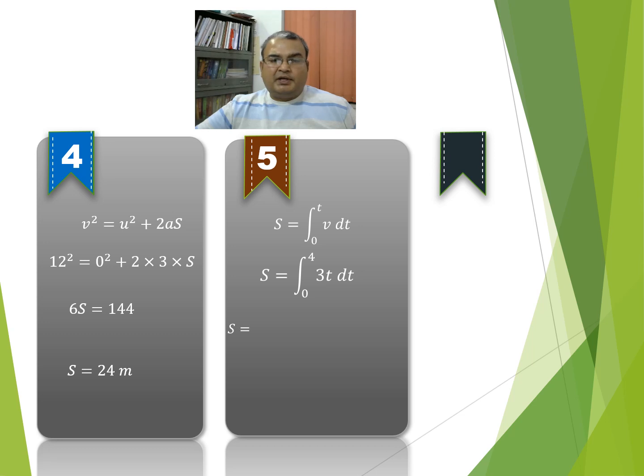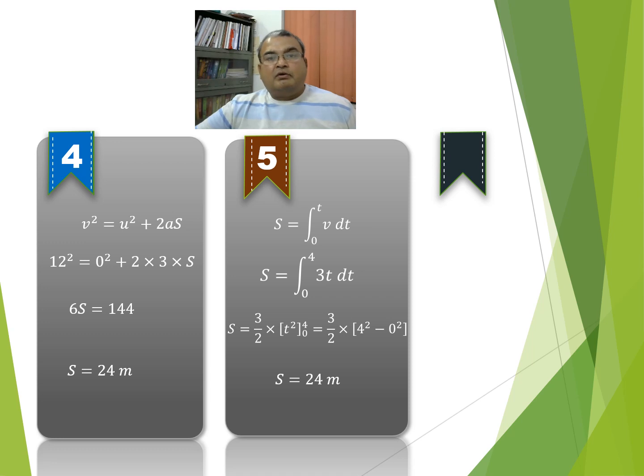Now we can do the integration. Integration of t is nothing but t square by 2. That's why this integration is 0 to 4, t square by 2, where 0 to 4 is the limit. We can place the values: 3 by 2 multiplied by 4 square minus 0 square. If we solve that, we again get 24 meter.